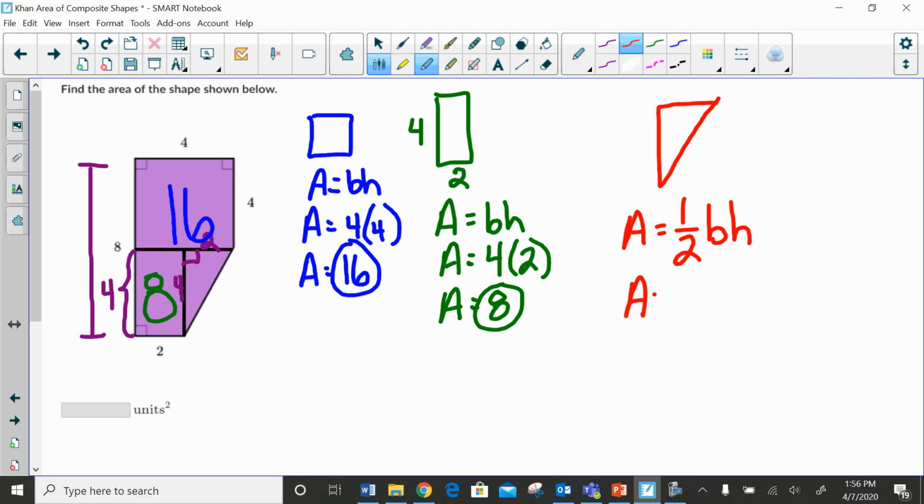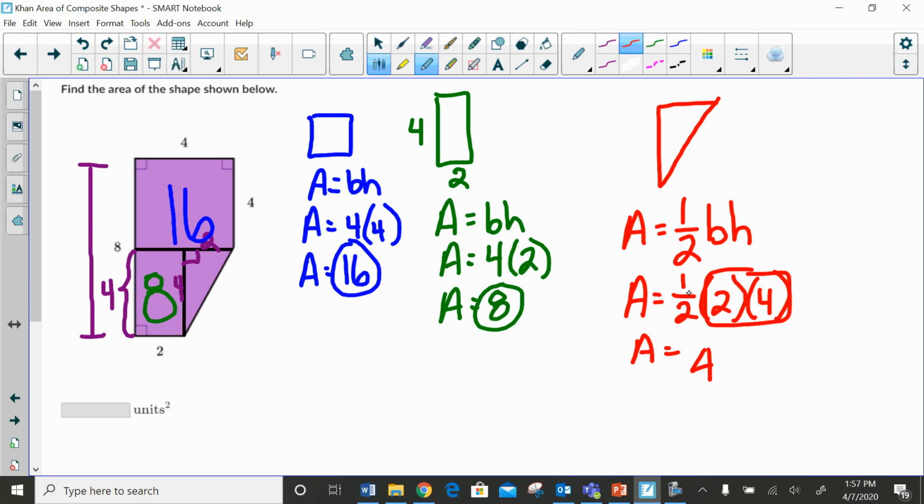All right, so A equals, now I'm going to substitute. Let me look back here to my triangle. My base, even though it's on the top, is 2, and my height is 4. So I'm going to put 1/2 times 2 times 4. Okay? Well, I know some people want to do this. 2 times 4 is 8, and half of 8 is 4.